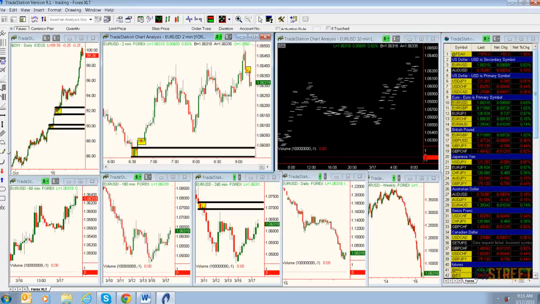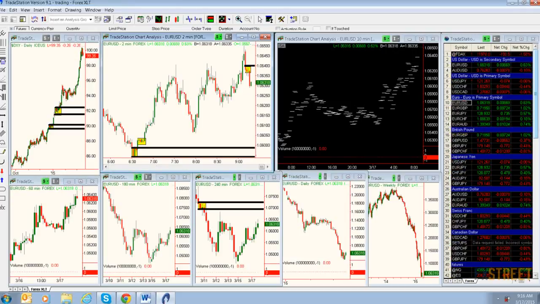There we go. Now we're looking at the spot market here too. I wouldn't trade the euro on a 2-minute chart in the spot market. I would only do that in the futures. Okay, so we'll put those levels in, but just be careful with that.